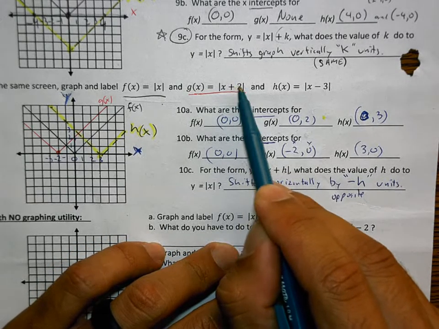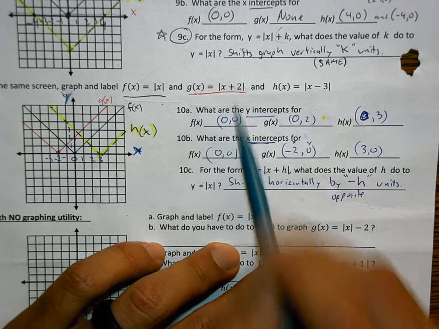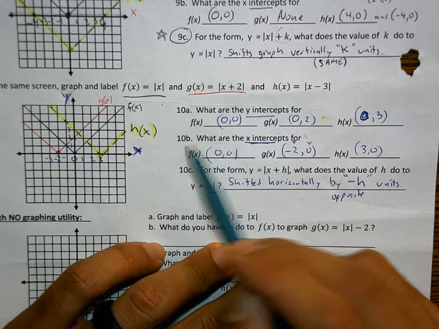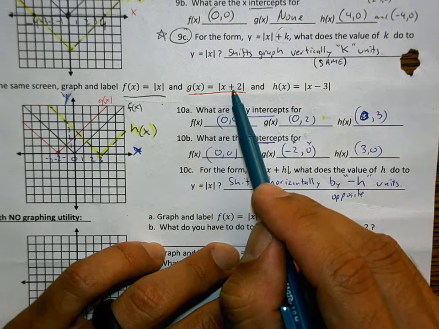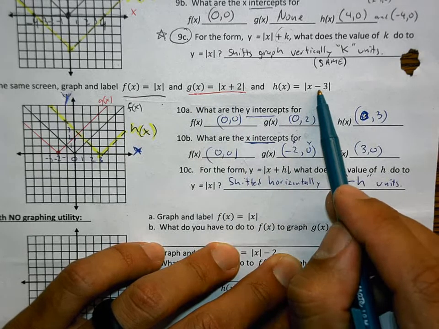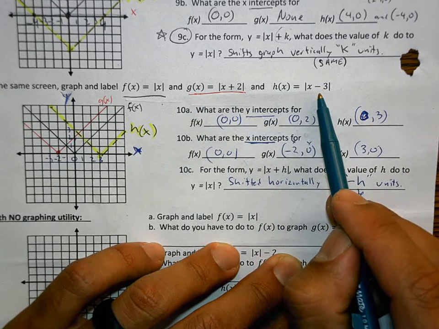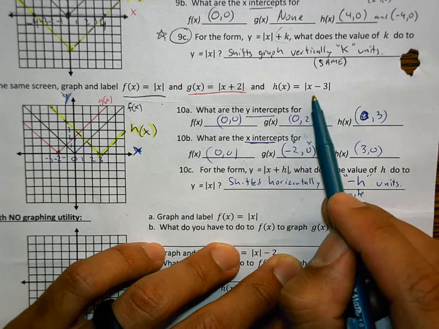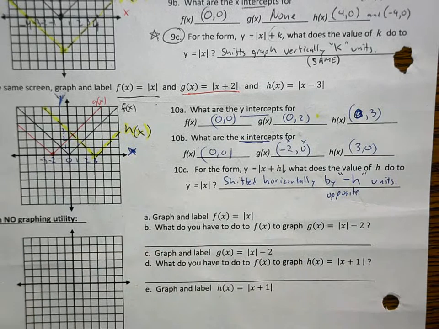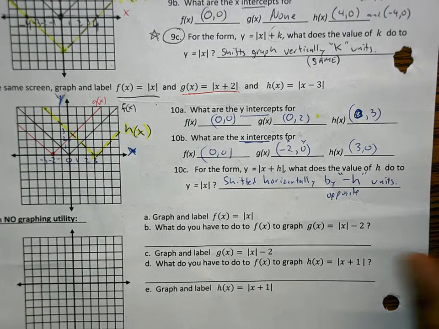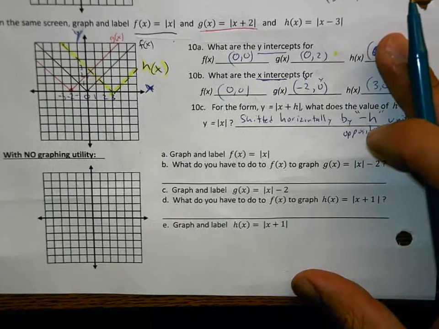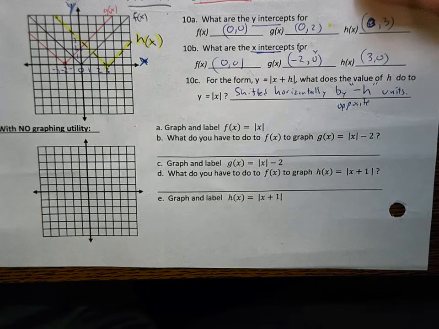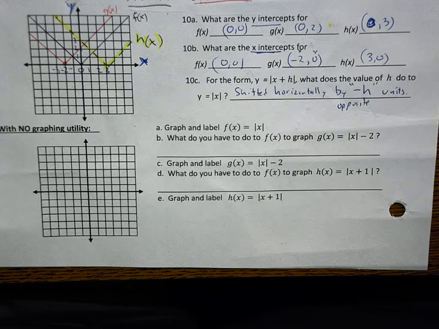If this is +2, you're shifting it to the left by 2, -2 horizontally. If it's -3, it's shifted to the right by 3, or +3 in the x direction. That's very cool. So this is what it's asking you to do. If you understand that, you should be able to do number 11.